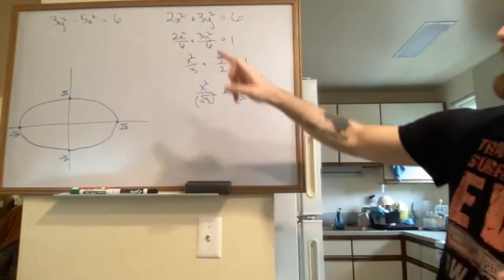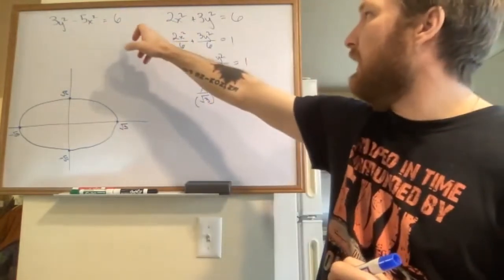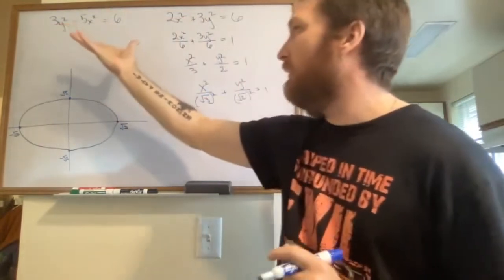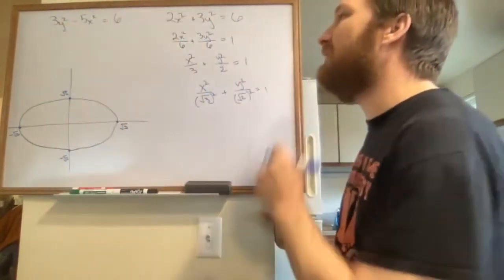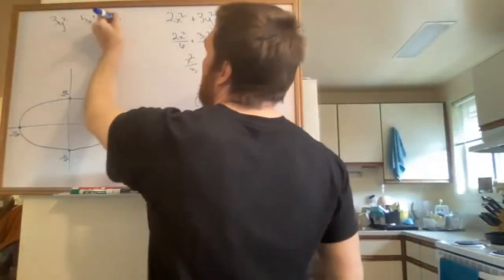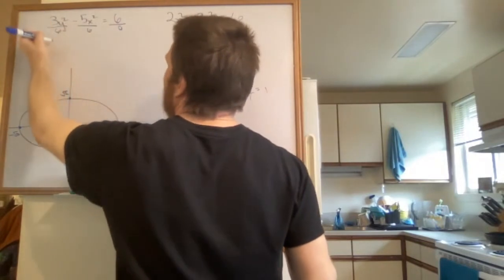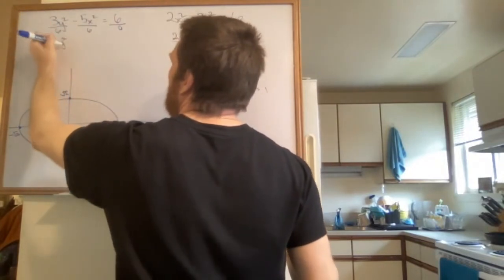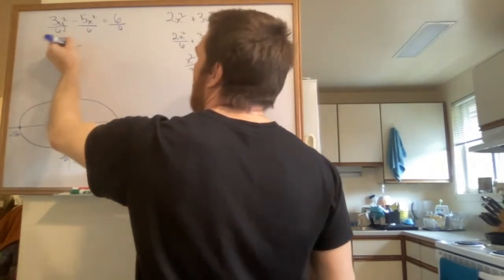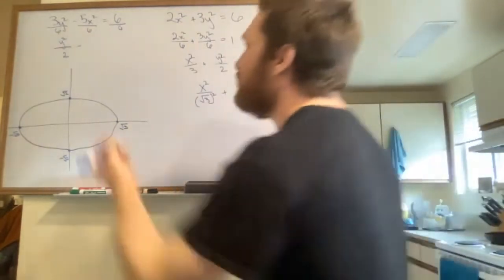All right. So now this guy. Same kind of ball game, really. I'm starting off with something like this, and it's not in standard form. I could wrap my brain around it better if I get it into standard form. So that's what I'm going to do. I want to take it, divide everybody through by 6. So that gives me y squared over 2, yep, minus, yeah, how about x squared?